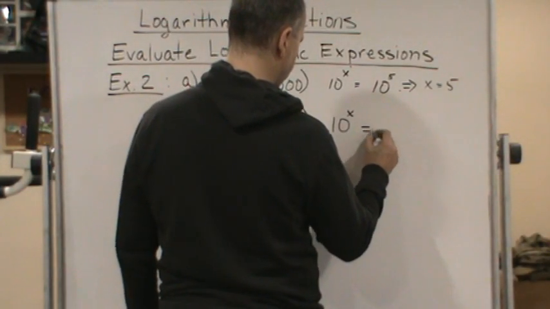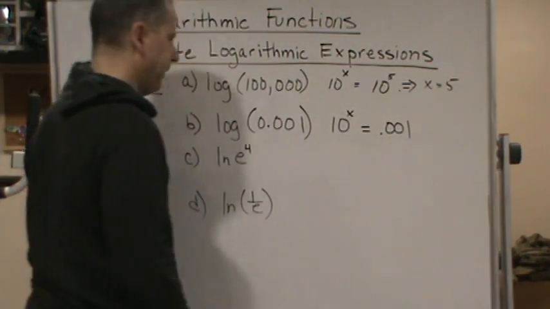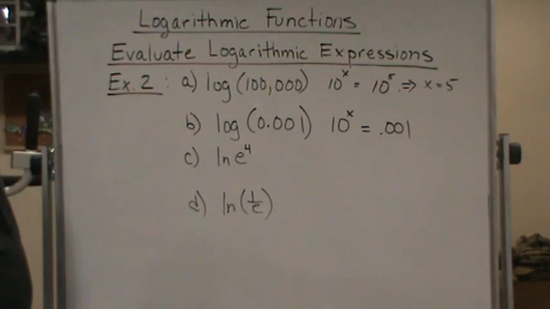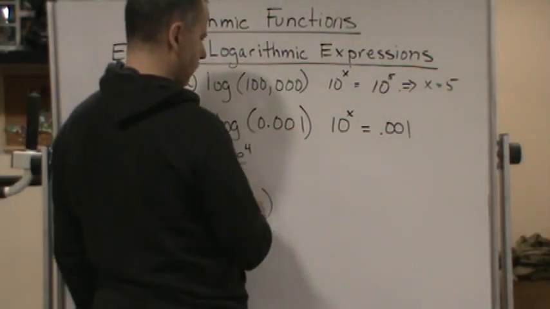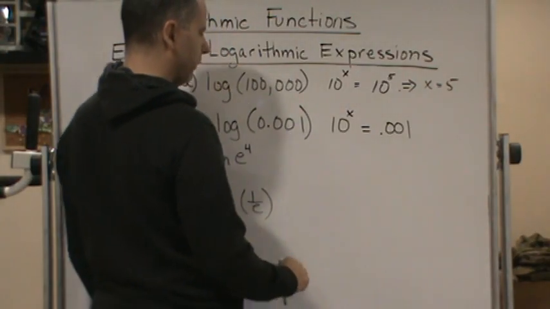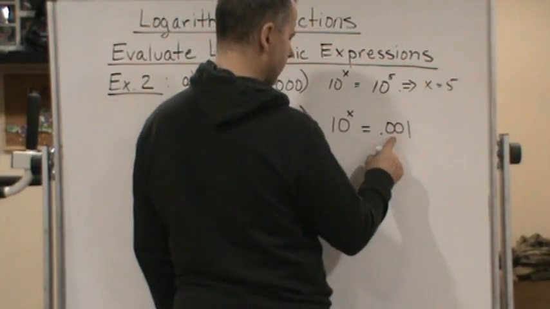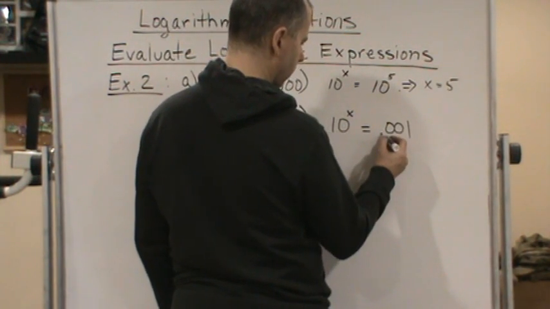Or we know that we need to solve this, so we can count the decimal places, and we're going to the left, which would be negative. Or we could say, well, how can I write this as a power of 10?